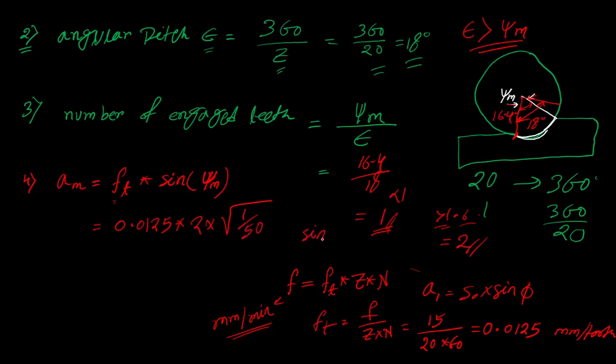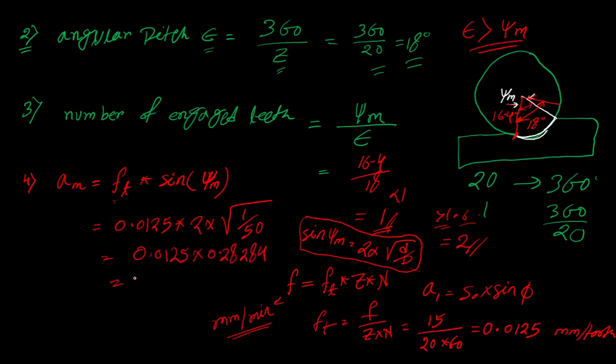You can remember sin psi m was 2 into root of small d by capital D. So 0.0125 multiplied by 0.28284, because we already calculated this value, I'm getting around 3.5355 into 10 to the power minus 3 millimeter, or you can also write 0.0035 millimeter.